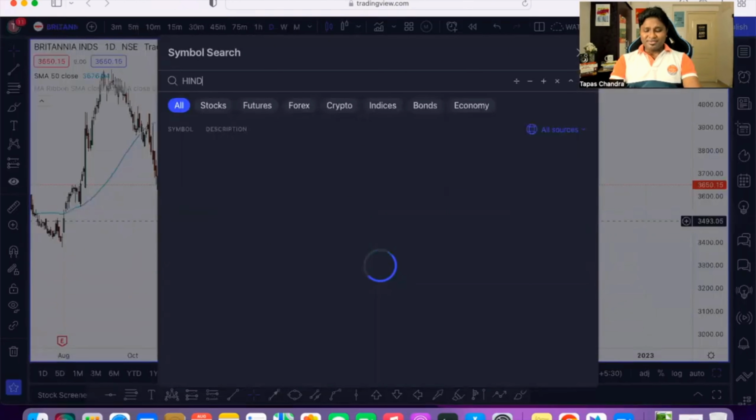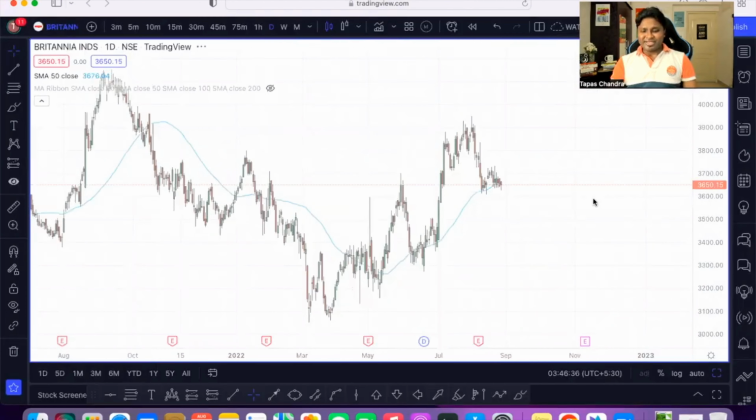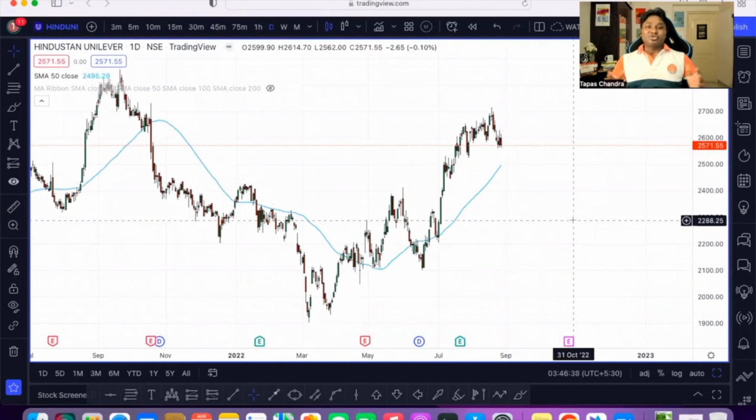However, when I open the chart of Hindustan Unilever, what I see is it is above the moving average. So if your choice is to buy the stronger one, you must buy Hindustan Unilever as compared to Britannia, right? Because if the stock price is more above the moving average, that is a sign of strength. We can trade the stronger one for upside and avoid the weaker ones.